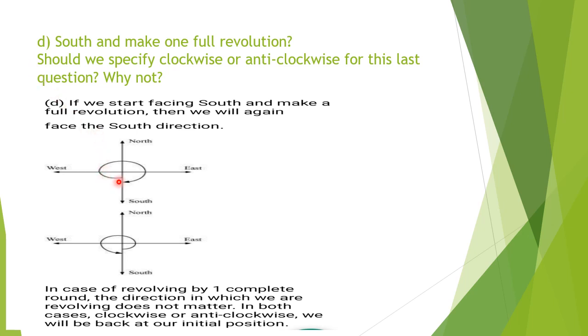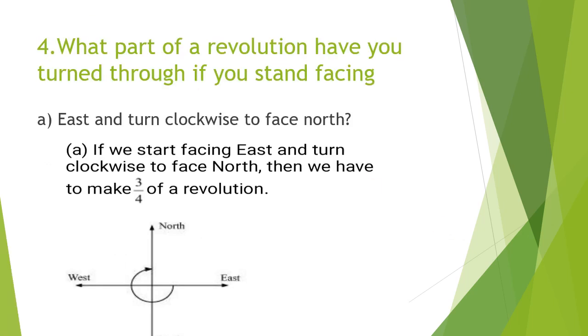If we start facing south and make one full revolution, then we will again face the south direction, whether it is clockwise or anti-clockwise. In case of revolving by one complete round, the direction in which we are revolving does not matter. In both cases, clockwise or anti-clockwise, we will be back at our initial position.